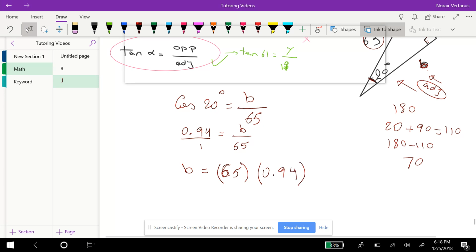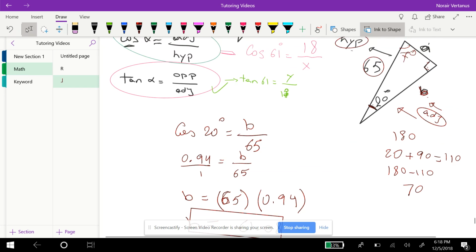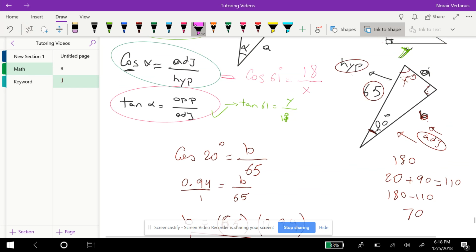Let's do that. That times 65, you're going to get 61.08. That's B. So this value is 61.08.